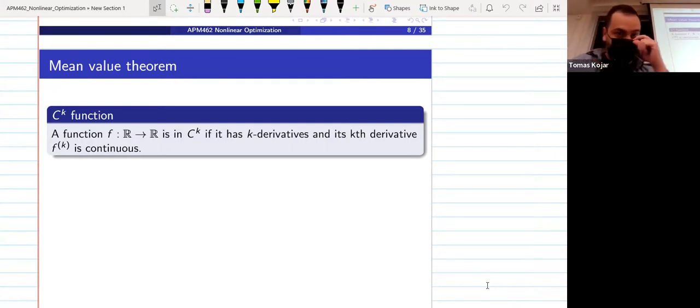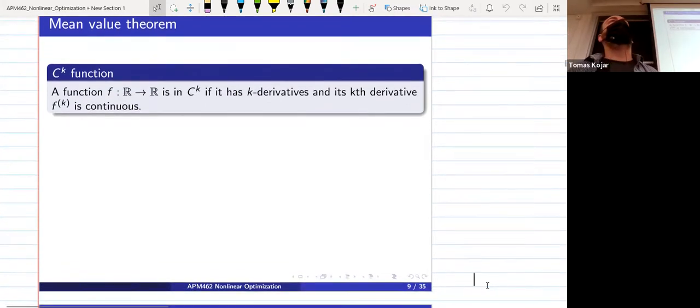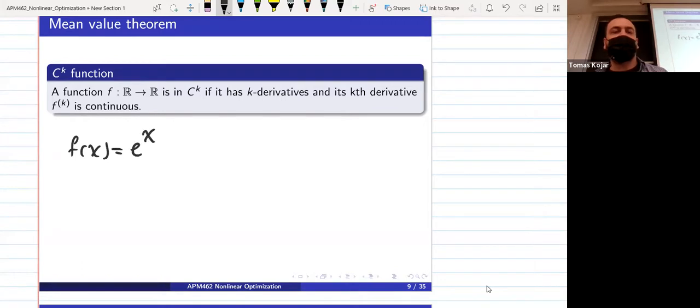All right. So first, what is a function called C^k? A function C^k has k derivatives, and its kth derivative is continuous. A very easy example is f of x equals e to the x. Because if you take k derivatives, what do you get?